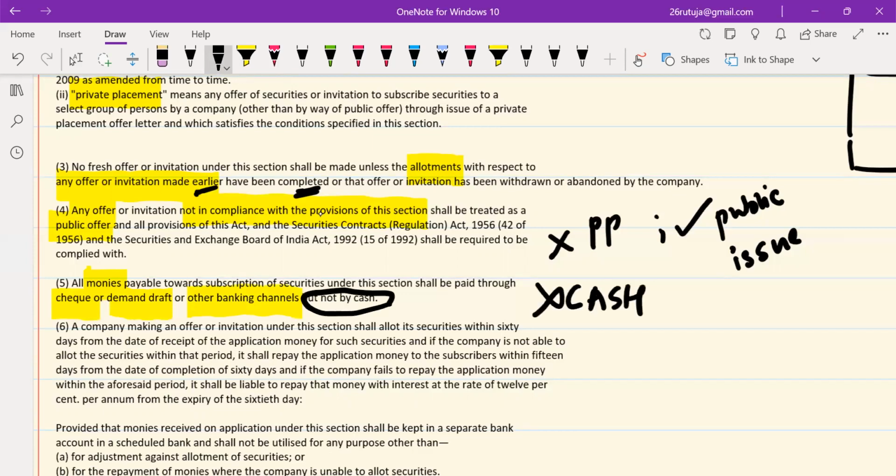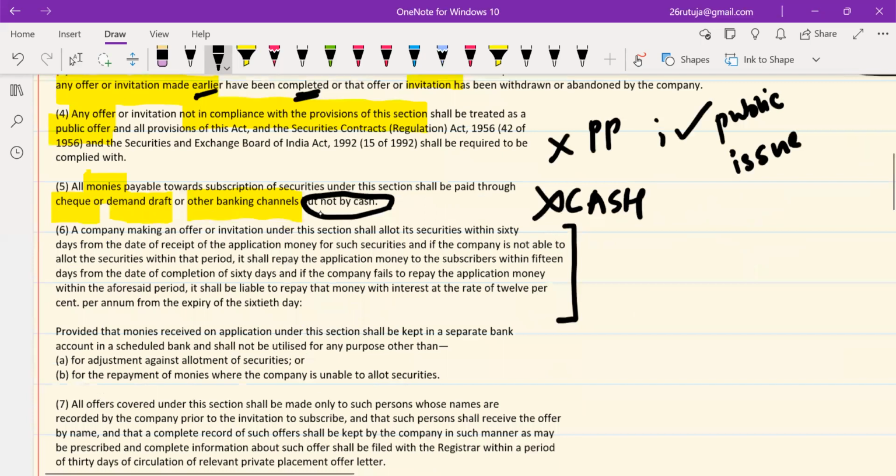Cheque, DD or other banking channels are the accepted modes of payment. The next point, which is a very, very important point, talks about the days within which the allotment of securities must take place and what will happen if the allotment does not take place in the specified number of days.